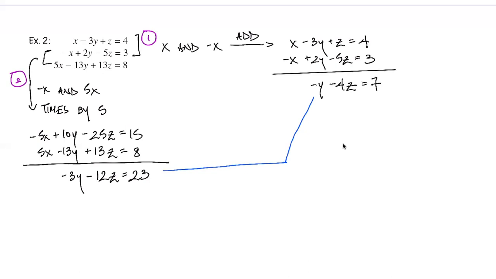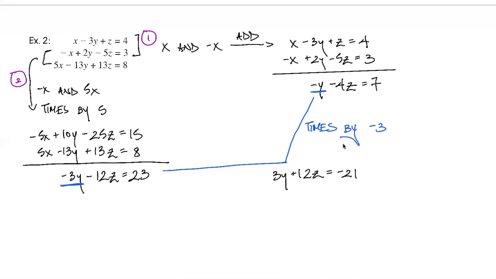So I noticed that I have a -3y, and this is a -y. So I'm actually going to multiply this equation times by a -3, okay? And so what does that give me? Well, I get 3y plus 12z equals -21.